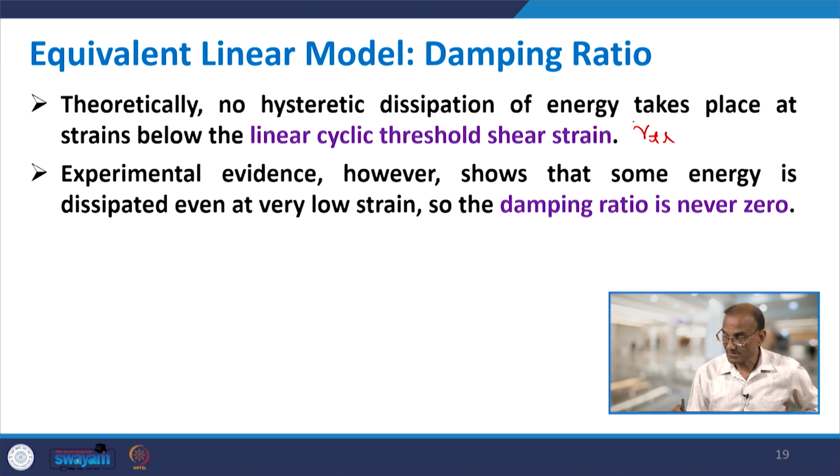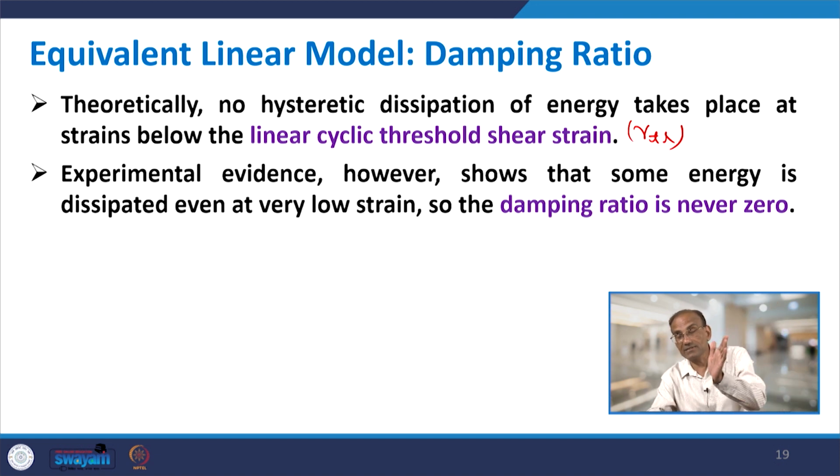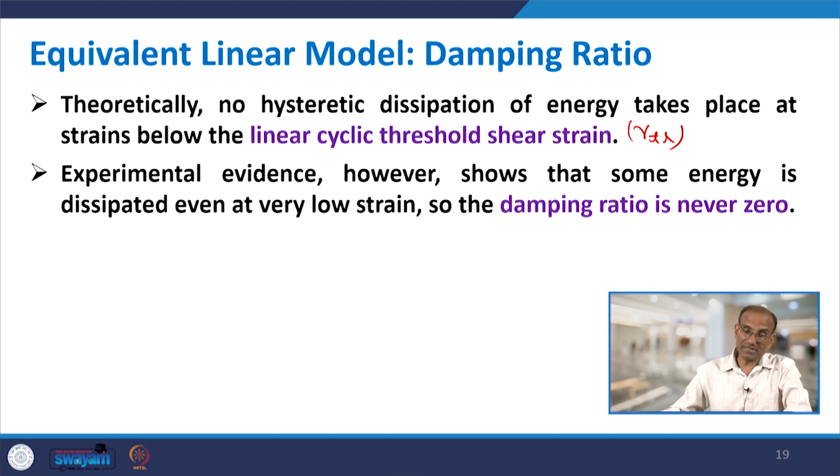Below this strain, G by G max remains 1, and when your strain level is more than gamma TL, then G by G max decreases to less than 1. Experimental evidence shows that some energy is dissipated even at very low strain, so the damping ratio is never 0. Theoretically, damping ratio should be 0 when you have very low strain, but this is not the case.